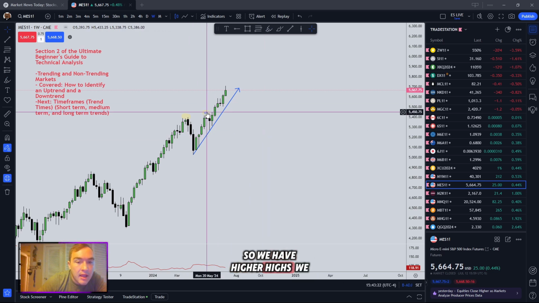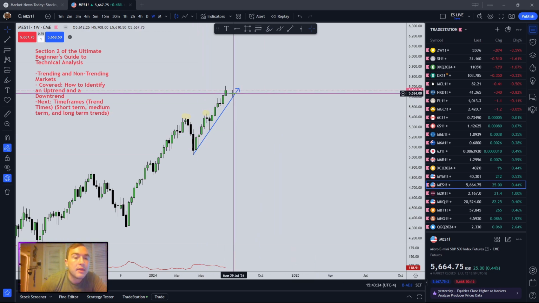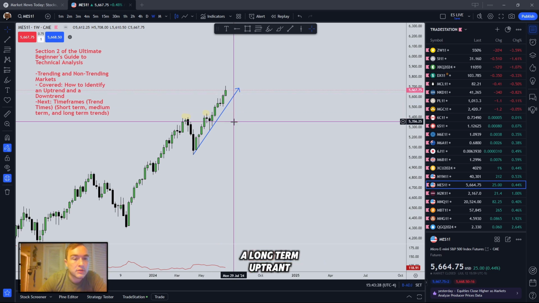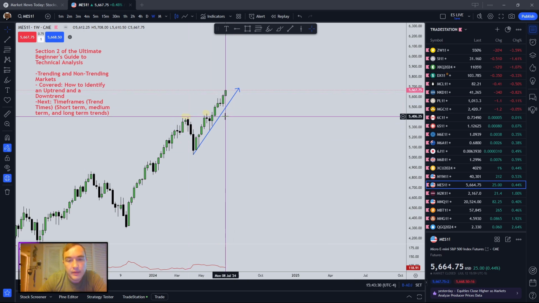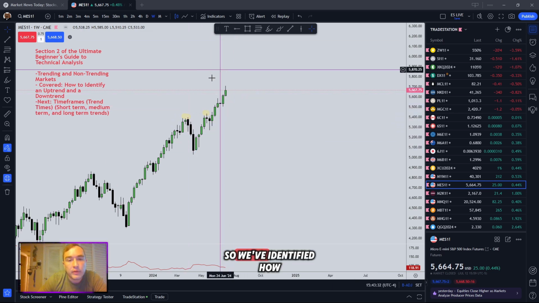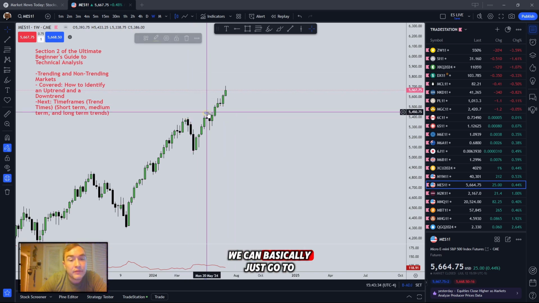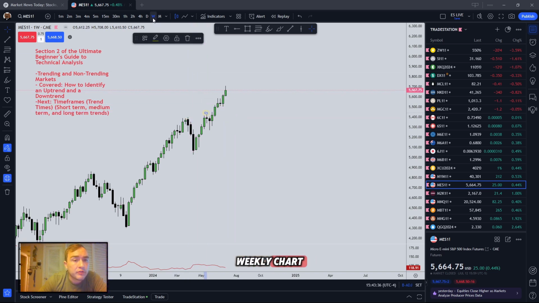So we have higher highs and we have higher lows. That is a weekly uptrend. That's a long-term uptrend. So we've identified how we can just go to a monthly chart, weekly chart, even a daily chart to start with a long-term trend.